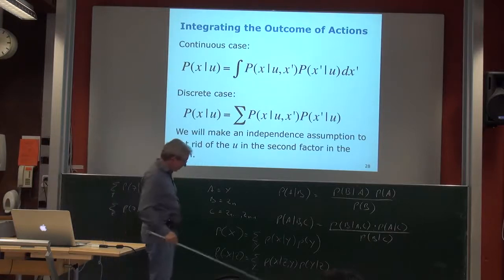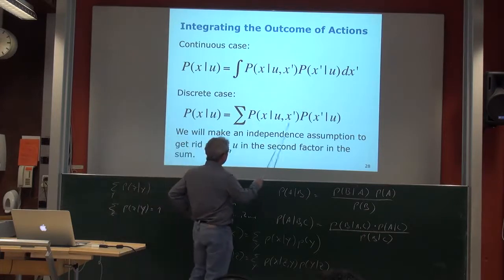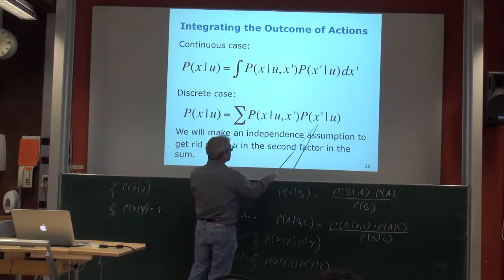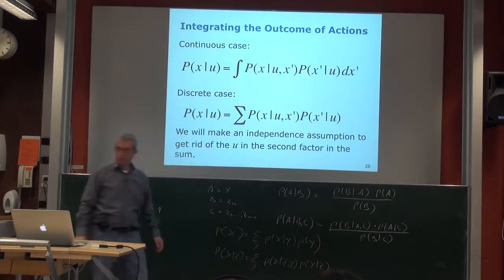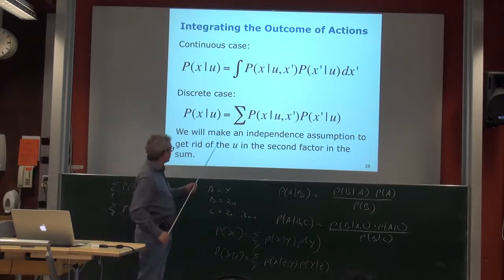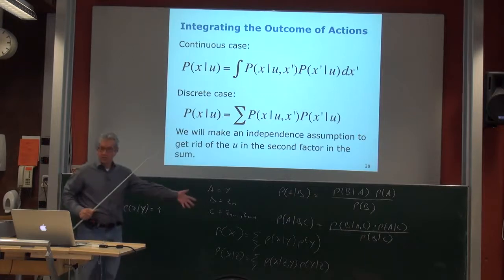From this law of total probability with background knowledge, we can actually infer this over here, that this is exactly the sum over all x prime of p of x given u and x prime times p of x prime given u. Turns out that x prime was the state of the door before we executed that action.